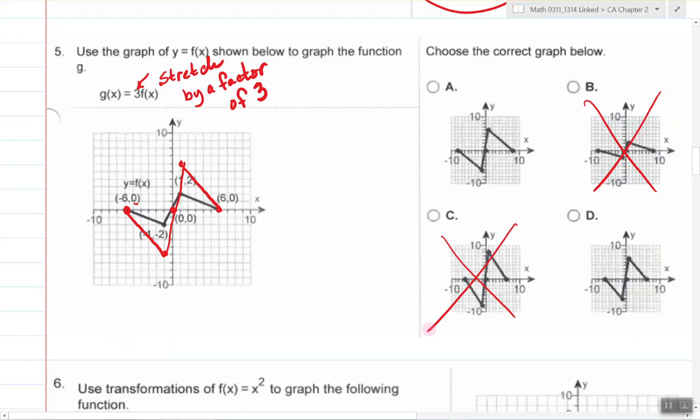This one is going up to 6 and down to 6. This looks like it may be my choice, but let's take a look at this one. Oh, I see a difference. This is only going out to 6 and this is only going out to 6, but can you see how this has stretched this way also?